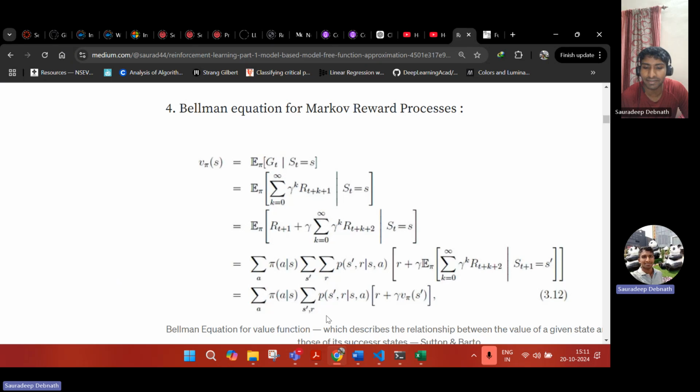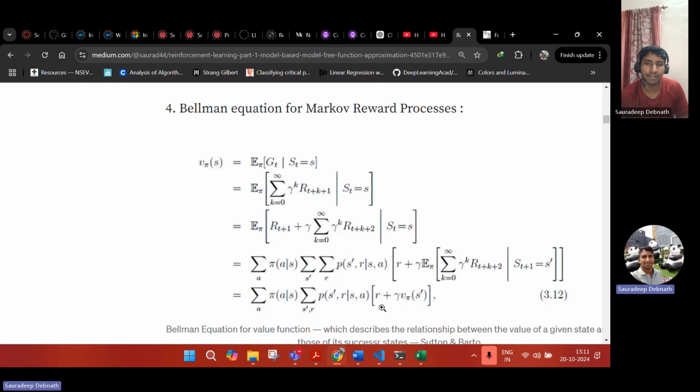For example, when we take a left from 5, with 100% probability state 4 will happen, so we have only one resultant state. But anyway, for each state, its probability of happening is multiplied by the reward I will get when I go to that state S', plus the discount times the current estimated value of that state S'. This is the Bellman equation.